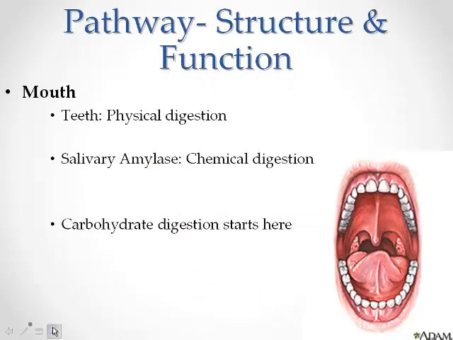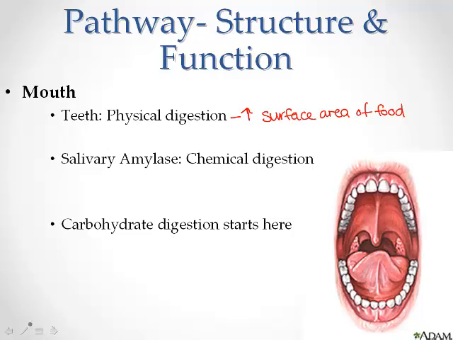So in our mouth we have teeth for physical digestion, and our teeth crush and chew and grind our food in order to increase the surface area of our food. And the increased surface area allows our saliva to chemically digest it.